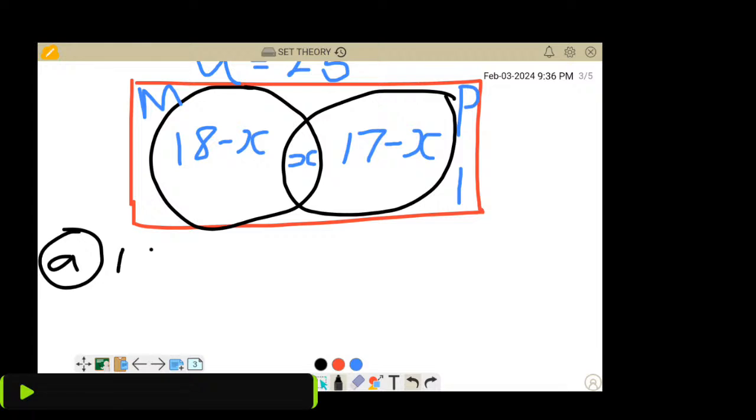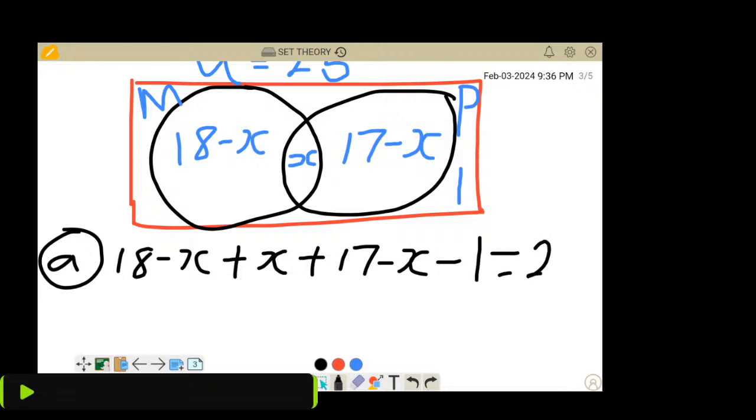Therefore, we have 18 minus X plus X plus 17 minus X plus this one.